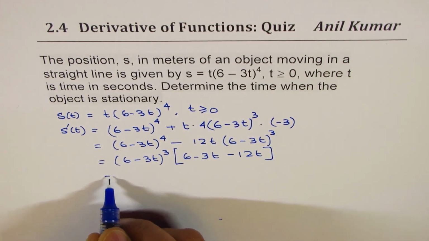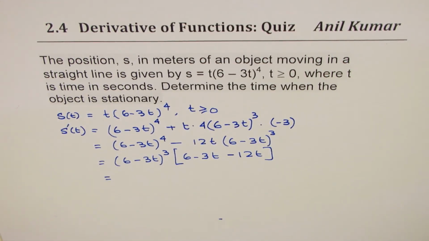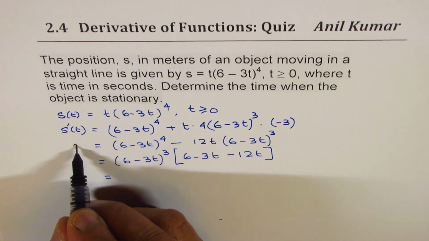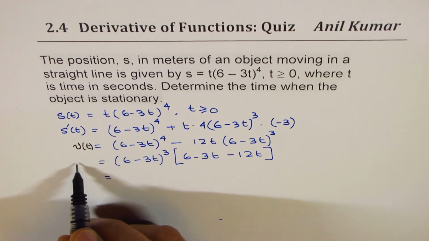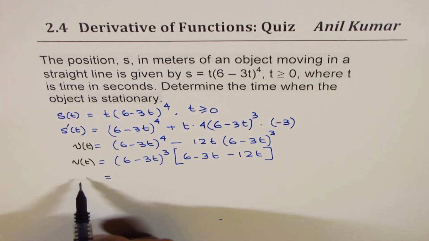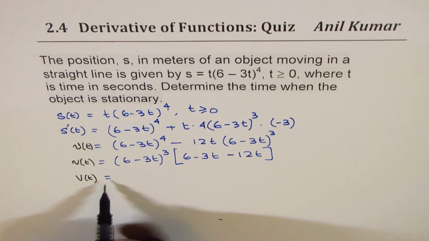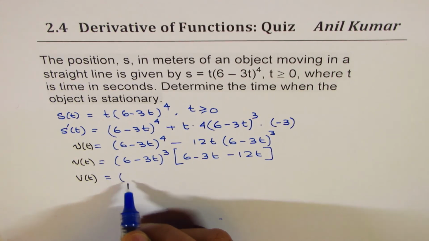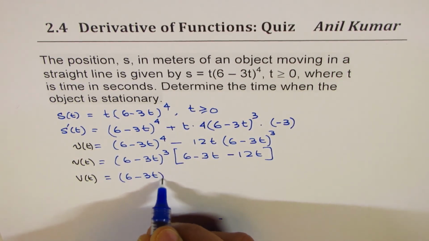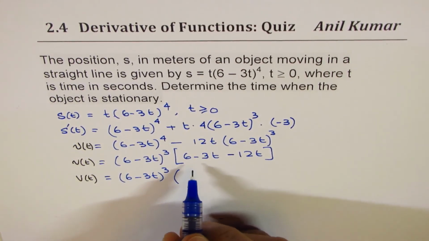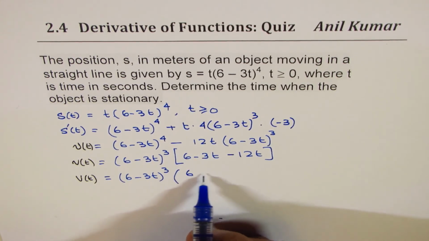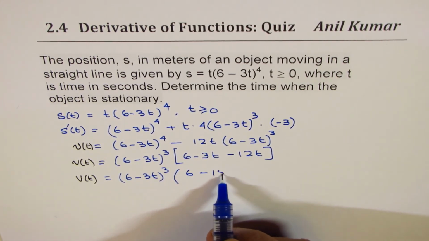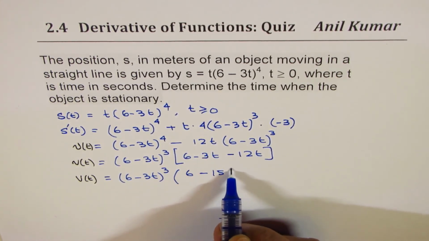Perfect. And what are we getting on this side? Derivative is velocity, right? So we are getting velocity, and for stationary, this velocity has to be 0. Remember that. So we could write this as (6 minus 3t) whole cube, and here we get (6 minus 15t). Minus 3 and minus 12 is 15t.